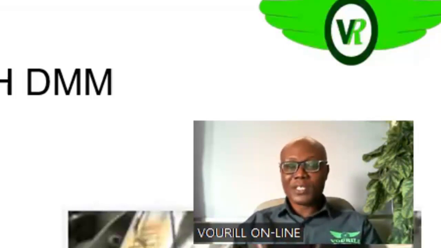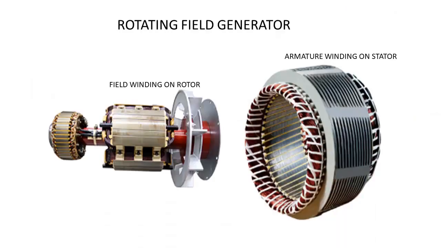In some cases, we'll have the armature on the stator, that is the stationary part of the generator. Once we have it on the stator, that kind of generator is referred to as the rotating field generator, because the field winding is on the rotor.